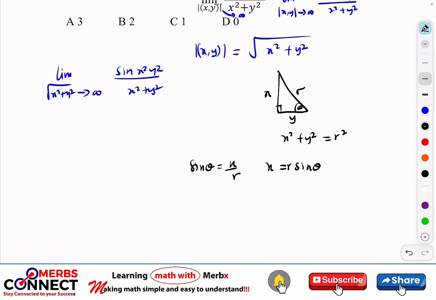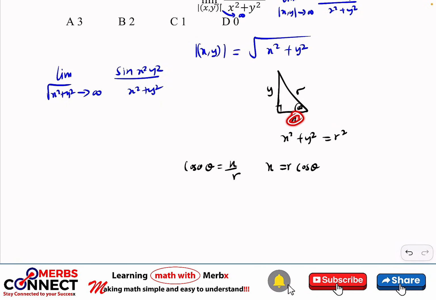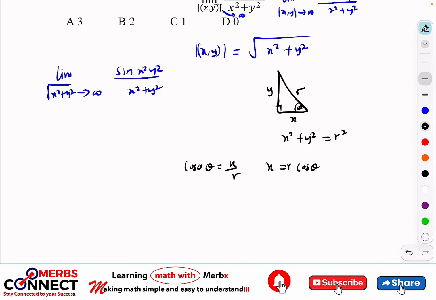Yes, this is the y-axis and this is the x-axis, of course. So this one should be cos theta. So cos theta is equal to adjacent over hypotenuse. And y is going to be r sine theta, because sine theta is equal to opposite over hypotenuse.